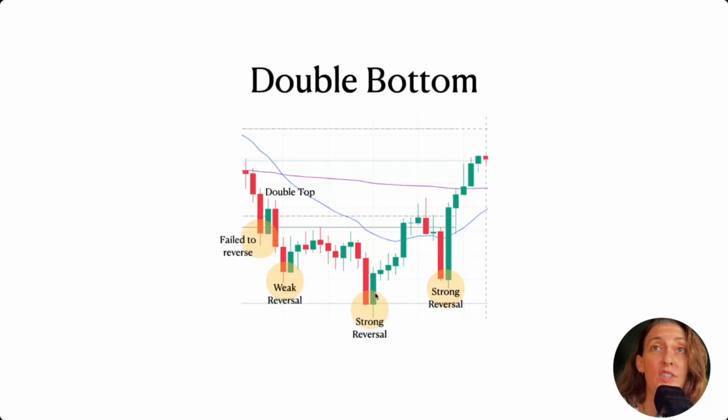But if you had entered on this first one and held on, with your stop loss maybe below this bar right here, then there is a lot of profit to be had. So I'm not saying that one is better than the other. Entering on one versus the other is not better nor worse, but just keep in mind the pros and cons of each.